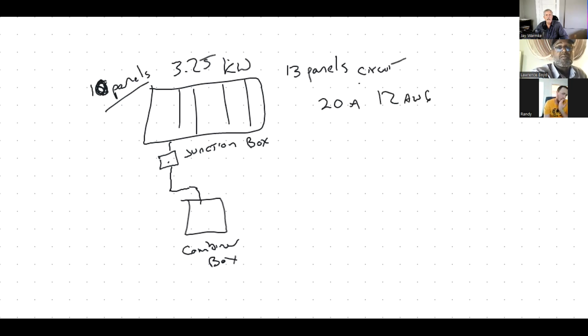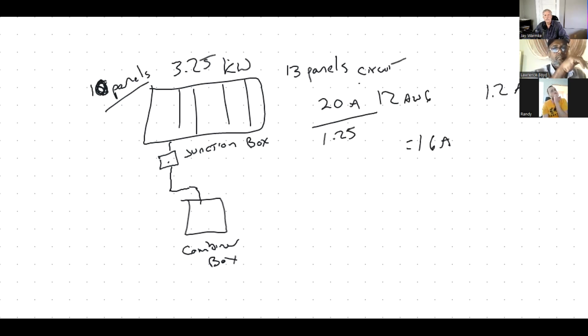So if we divide that by 1.25, which is the derate for the NEC, we end up at 16 amps. And each of these panels generates something like 1.2 amps when you hook them up in a string.